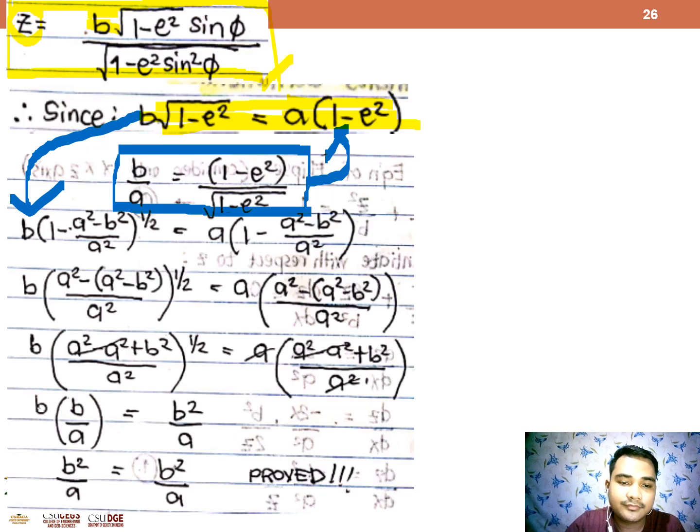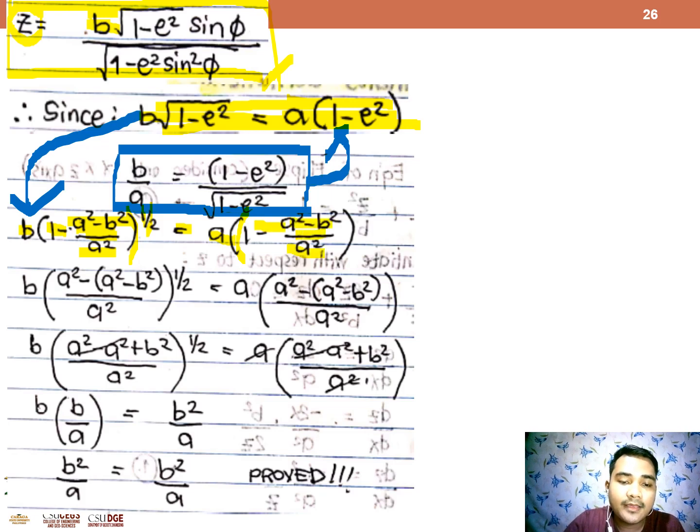From that, we can say that b times 1 minus the value of eccentricity squared is equal to a squared minus b squared all over a squared, the value from the previous topic we discussed in geometric geodesy, raised to the power of 1/2, since it is a square root. That can also be a times 1 minus the eccentricity squared, which is a squared minus b squared over a squared.